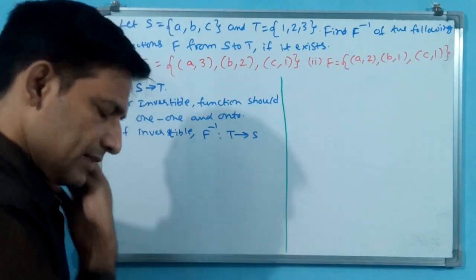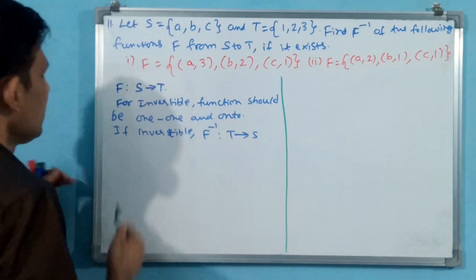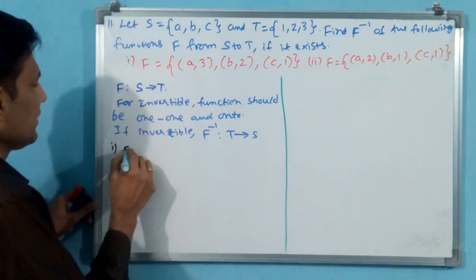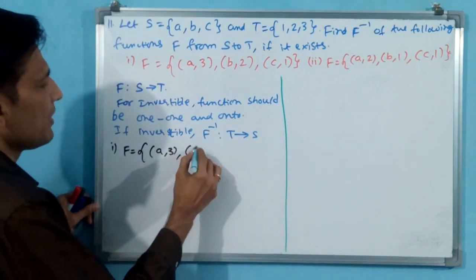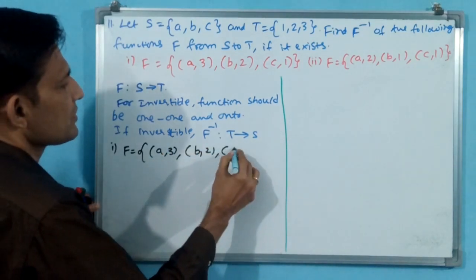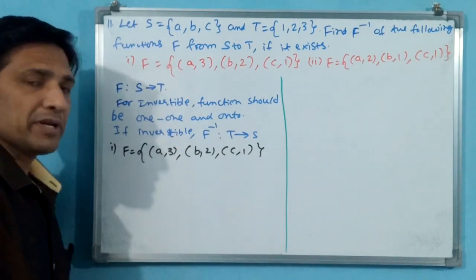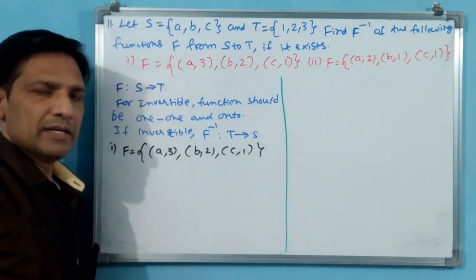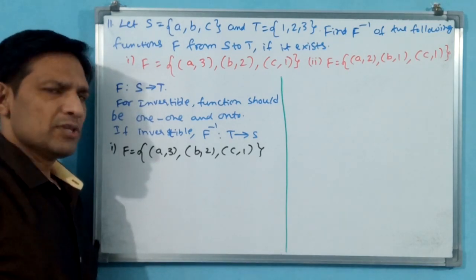Let us first write the first function. Number 1, F is equal to {(A, 3), (B, 2), (C, 1)}. Now you tell me, without drawing an arrow diagram, can we confirm that this is a 1-1 and onto function? Why? Because you can save time also.